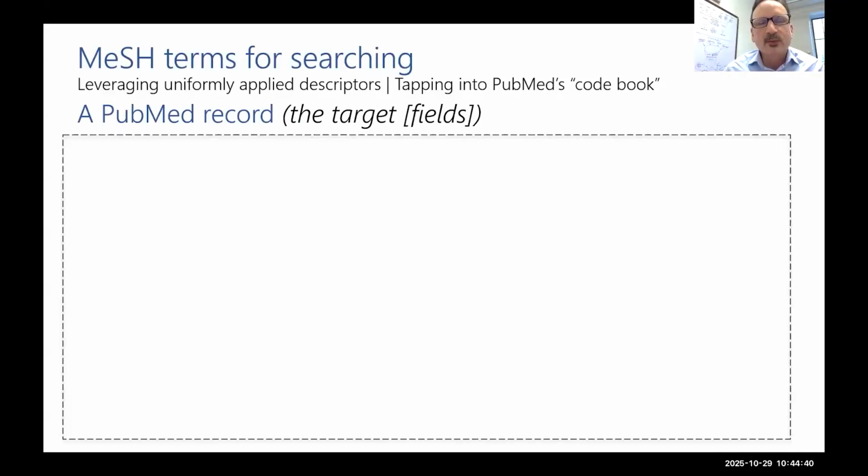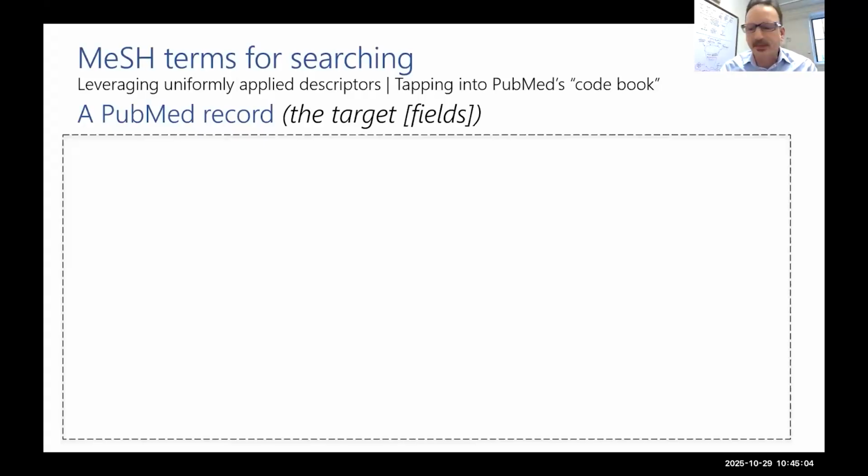And what we're doing when we use MeSH terms is we're targeting a particular field in PubMed. So basically, we're designing our search so that it hits on a particular part of the PubMed record. And when it hits there, it's going to retrieve it.